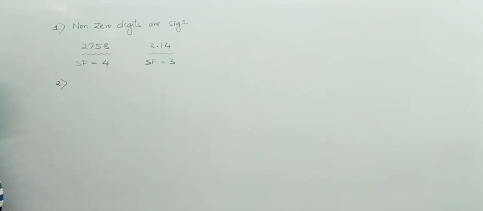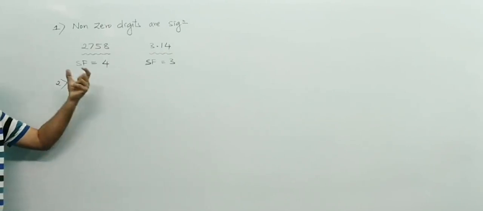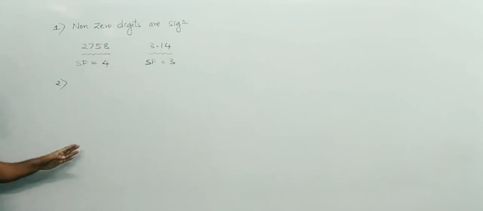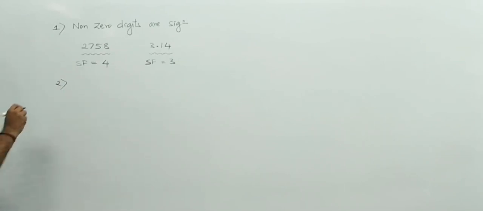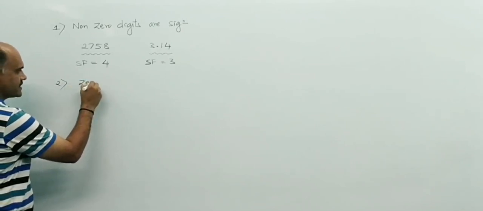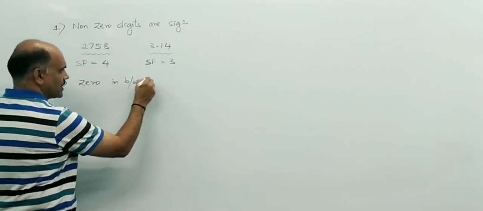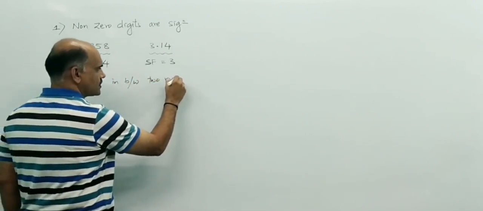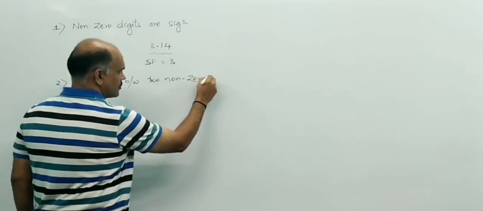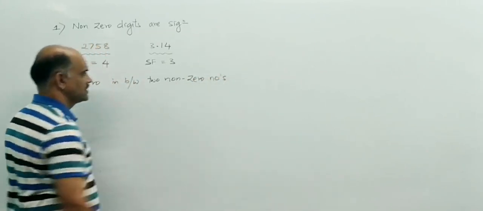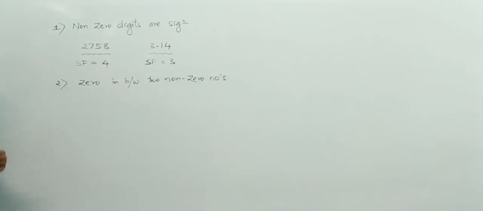Second, if there is a 0 in between non-zero digits, we count that also. So if there is a 0 in between two non-zero numbers, then we count it.